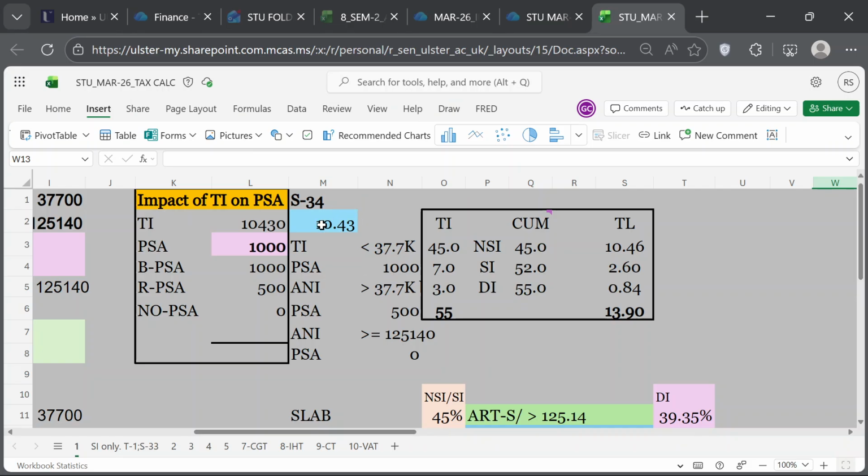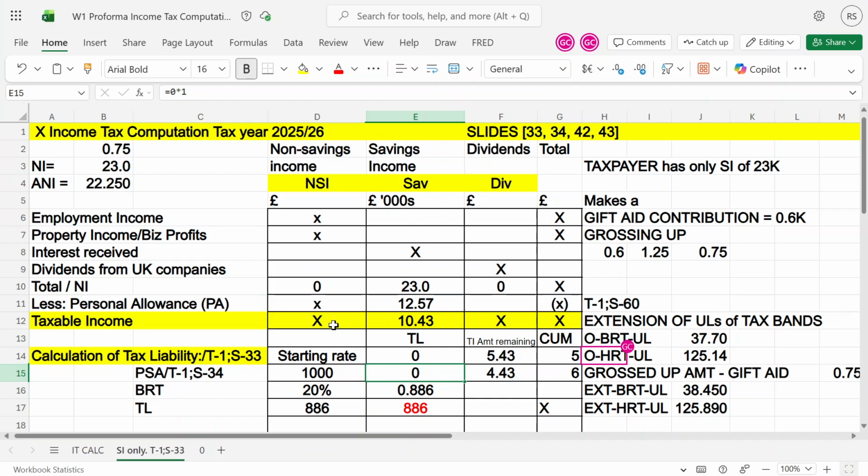Because your TI is 10.43 and it is below 37.7, your PSA is 1,000. So you have a PSA of 1,000 which you can get the benefit of. I have referred to the slide once again.